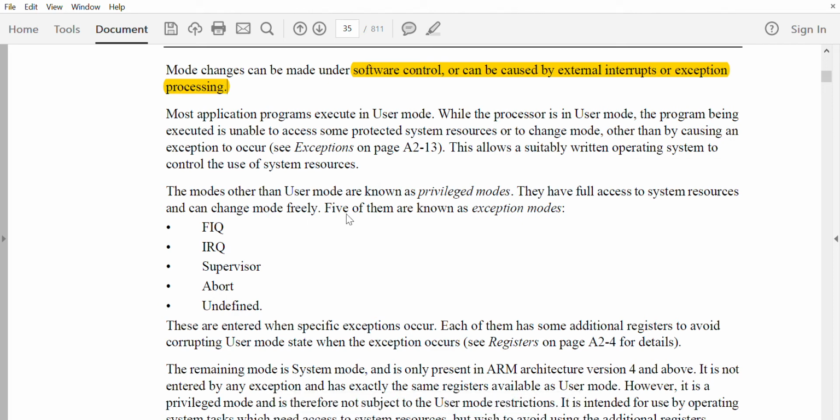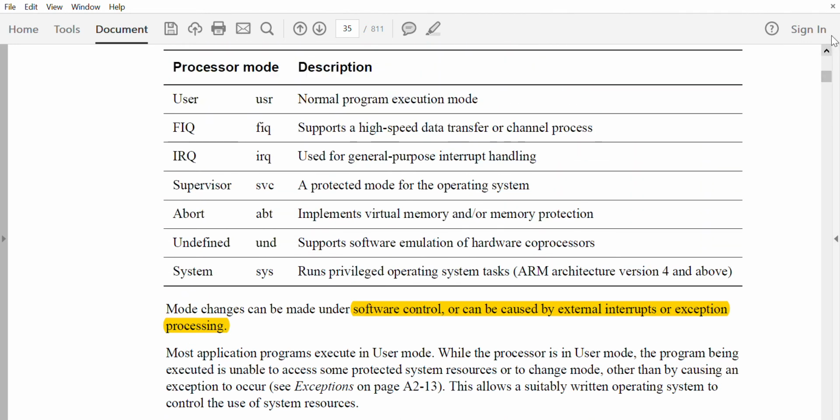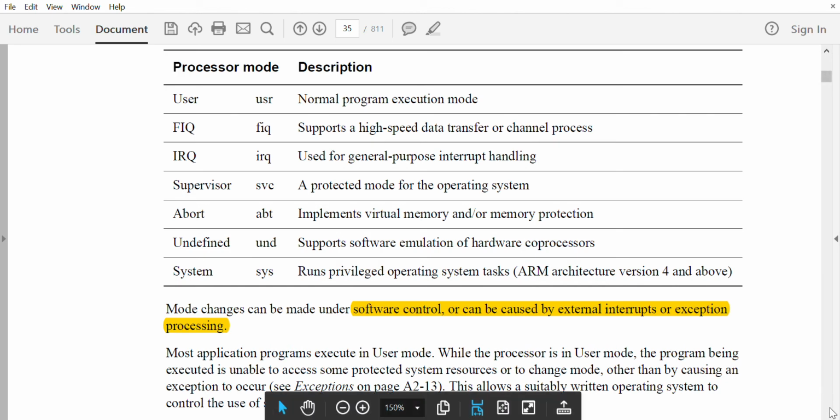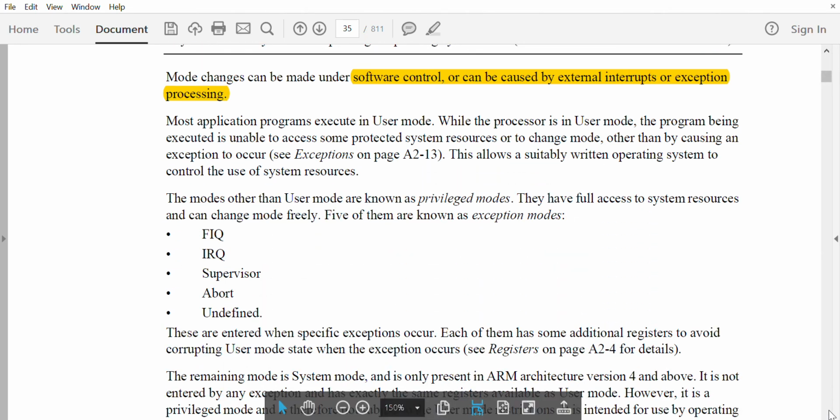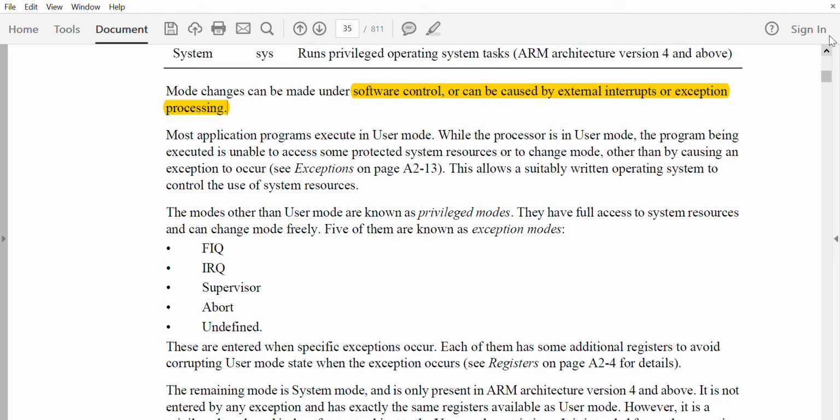And 5 of them are known as exception modes. So 1, 2, 3, 4, 5. These 5 are called the exception modes. Only the system mode and the user mode are not exception modes. The other 5 are exception modes.